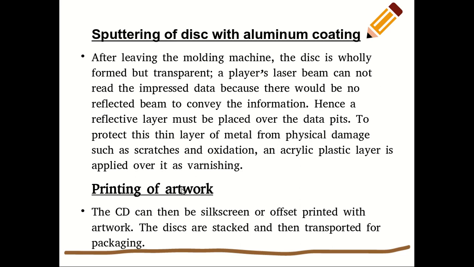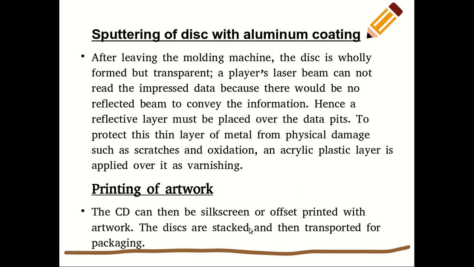And the last step in making of CD is printing the label on the CD, what we called it as the dull side of CD. And this printing could be a silk screen printing or offset printing, depending on what we have to print on that particular CD.